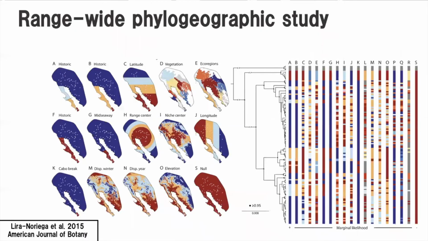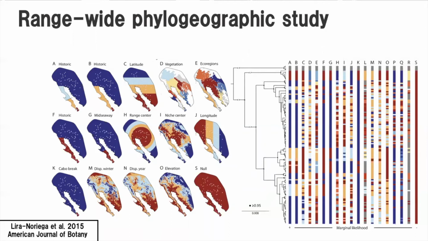There is a prior study also by Andres Lara Noriega, who looked at chloroplast haplotype networks across the desert mistletoe range to do a phylogeographic study. And he tested a number of different hypotheses and how what best fit those chloroplast haplotype networks.